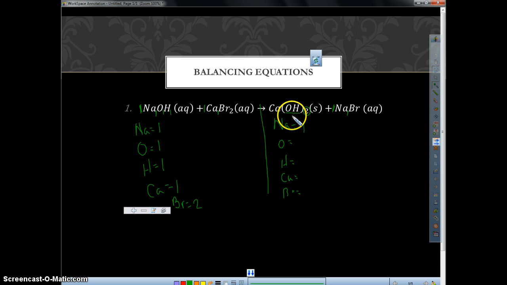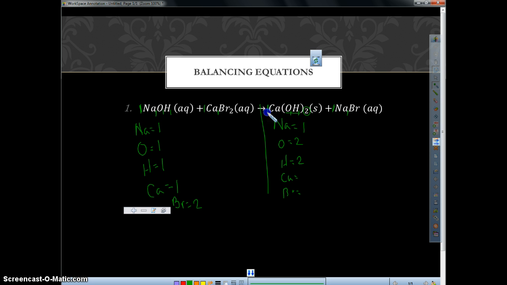And if you remember your polyatomic ions, this unit inside of here is called hydroxide. So I have 1 oxygen inside and 1 hydrogen, because those subscripts aren't listed, so I can assume they're 1. To figure out the oxygen number, I take this outside subscript, 2, times the 1, and I will get 2 oxygens. Same goes with the hydrogens.